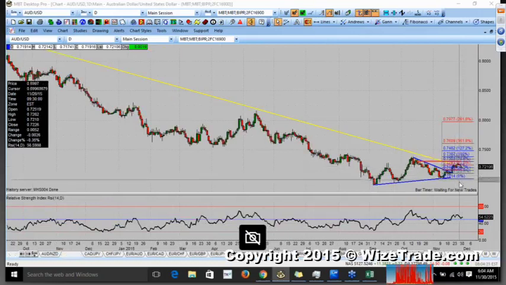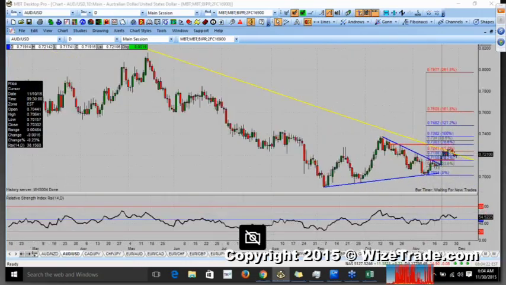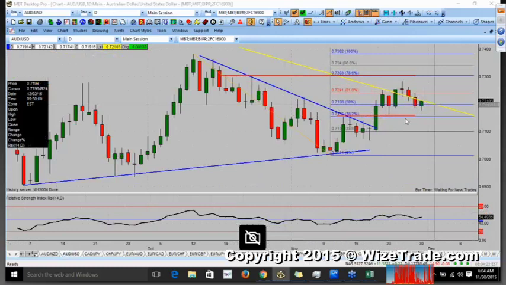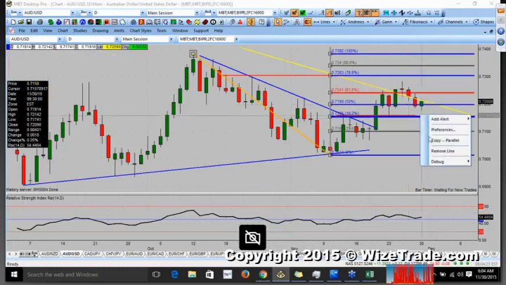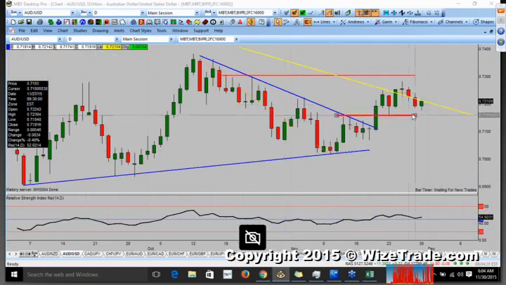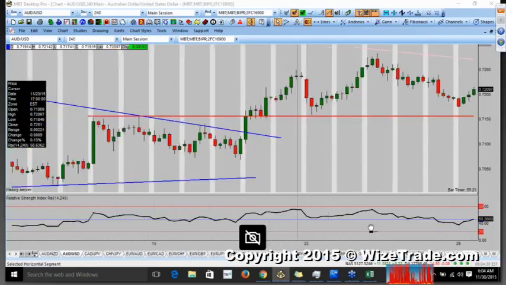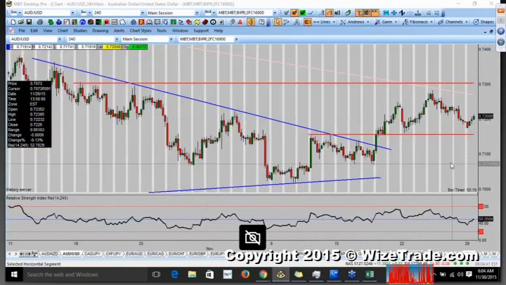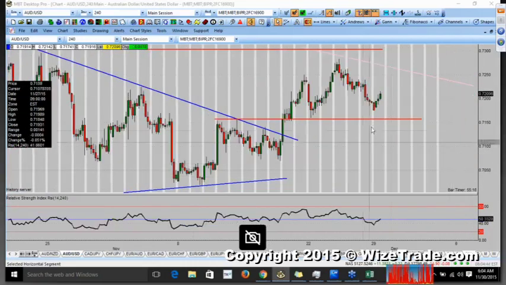What I would be very careful with at this point is if the Aussie breaks down through this support here. Let's remove that. If we break through 71.50, that'd be a pretty bearish event for the Aussie. I don't know if that's necessarily going to happen this morning, but I think it's worth noting.